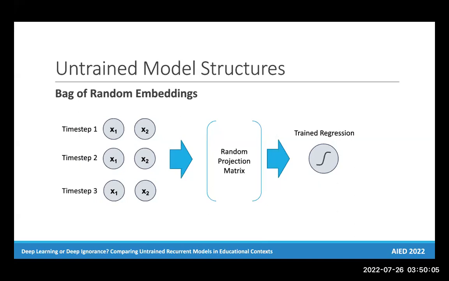It's a pseudo-random projection matrix, and there's more detail in the paper on that. That generates a high-dimensional feature vector for each of the time steps, projecting it to a larger feature space, and then we utilize those features using a regression. So, same idea as before: a random feature generation component, and then just training that output layer, a final regression on top of all that.